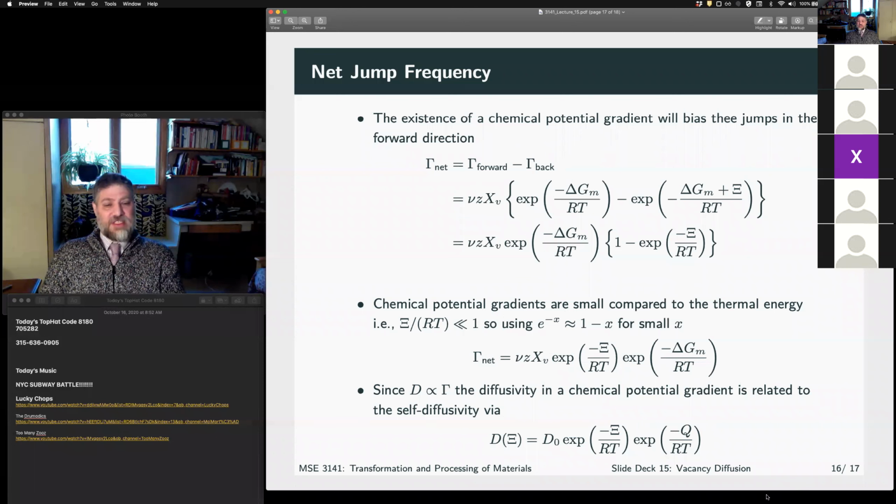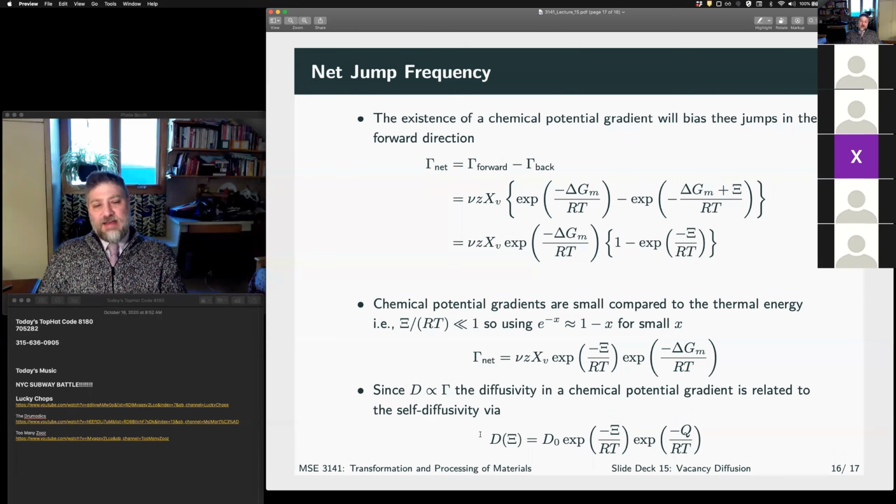This is the driving force to do that. Got it. Okay. So this is, I think, the most important equation in all of diffusion.